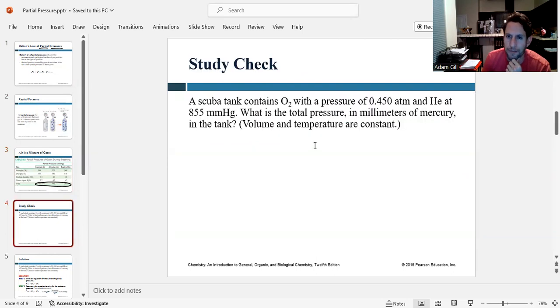Let's do a study check. A scuba tank contains oxygen with a pressure of 0.45 atmospheres and helium at 855 millimeters of mercury. What is the total pressure in millimeters of mercury in the tank? So we know that pressure total is equal to the pressure of the oxygen plus the pressure of the helium.